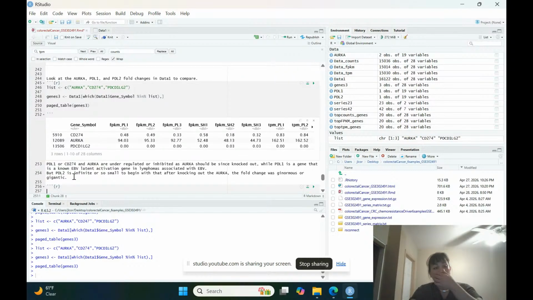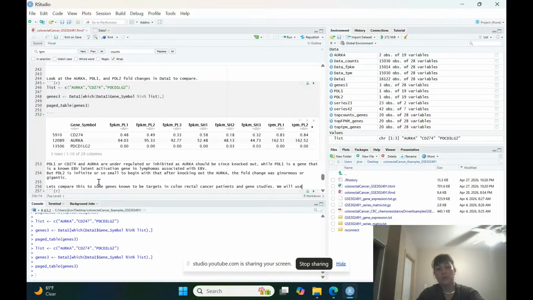Okay. Now, let's see if we can look at some genes known to be targets in colorectal cancer patients in gene studies.